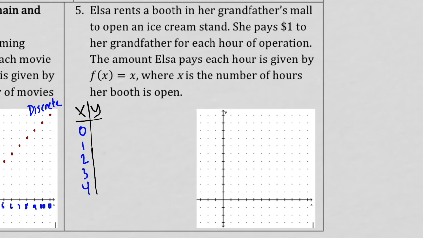Since f of x equals x, that means that it's only $1 per hour. The amount of hours is the amount of money that she's going to be paying her grandpa. So if she works for 0 hours, then she pays $0. 1 hour, $1. 2 hours, $2. 3 hours, $3. 4 hours, $4, and so on.